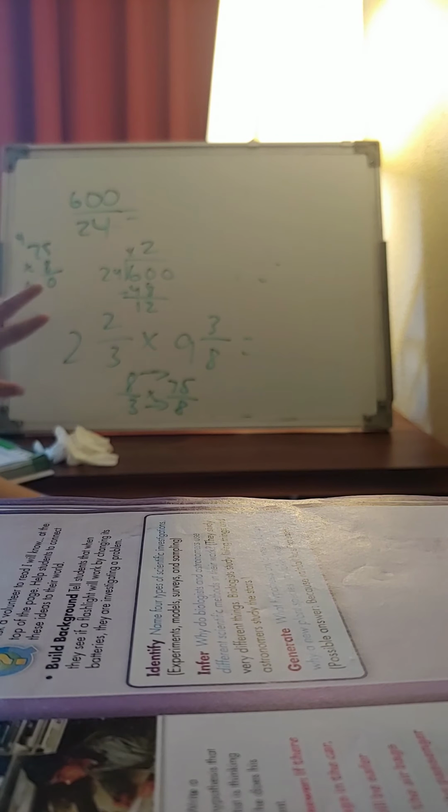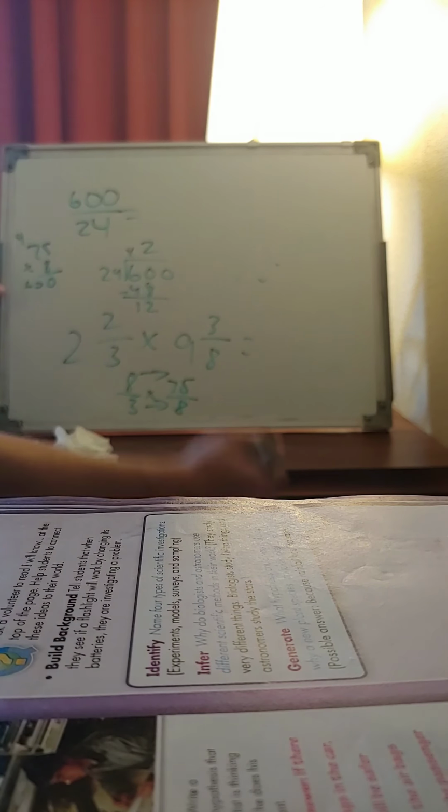If you're still doing that, no worries. But some of us can look and see, oh, 48 is 2 from 50, and 50 is 10 from 60, so 12. If you're still borrowing, turn this to a 5, turn this to a 10, no problem, guys. Keep doing it. But I'm just going to put, this is our remainder.